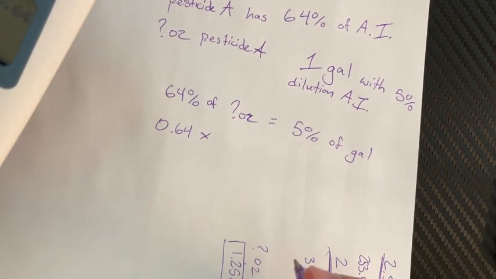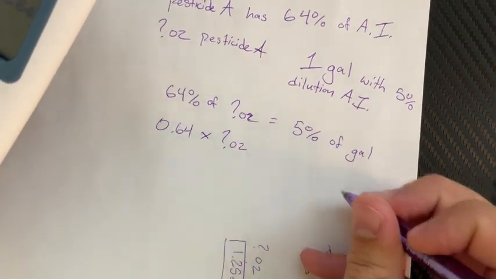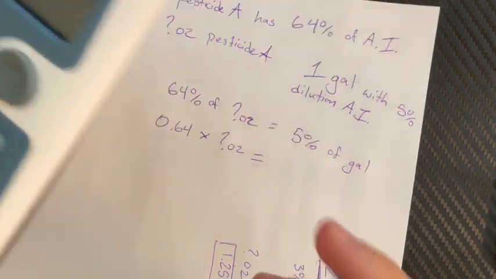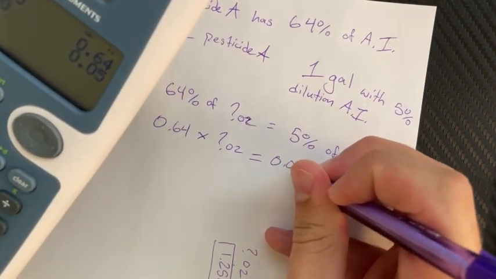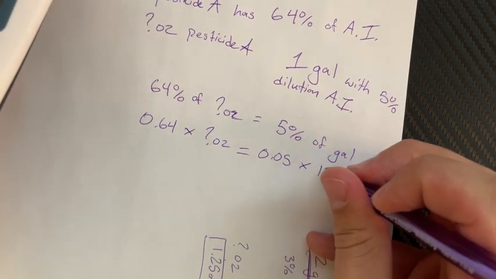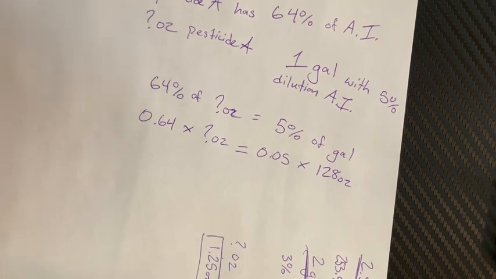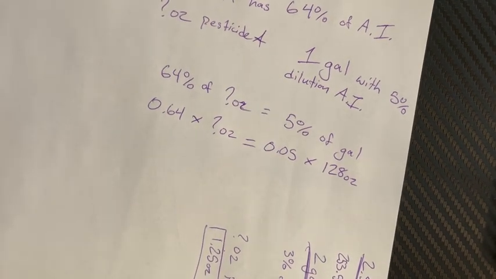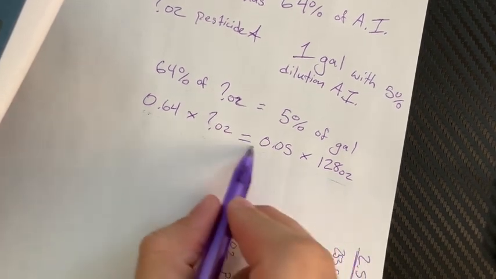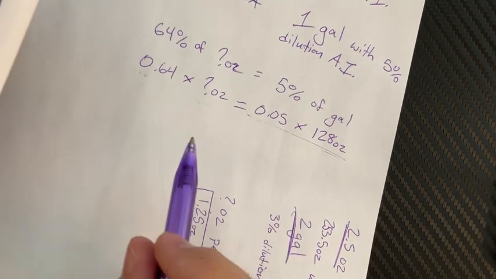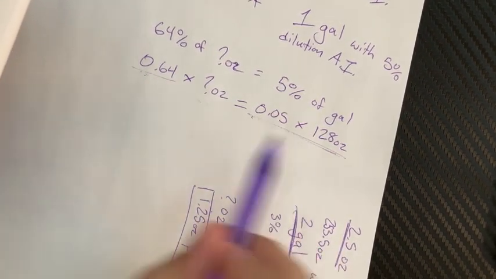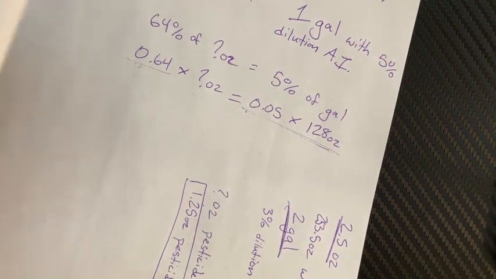Of means times, we don't know this, equals 5 divided by 100, 0.05 times, we know what a gallon is. A gallon is 128 ounces. Okay? And now we can't times this with a question mark, but we can times these together, okay? And the order doesn't matter. You can times this first and then divide by this, or divide by this first and then times it, whatever.